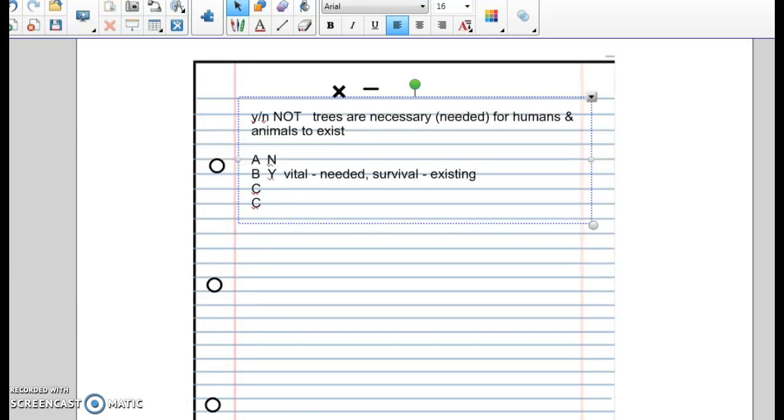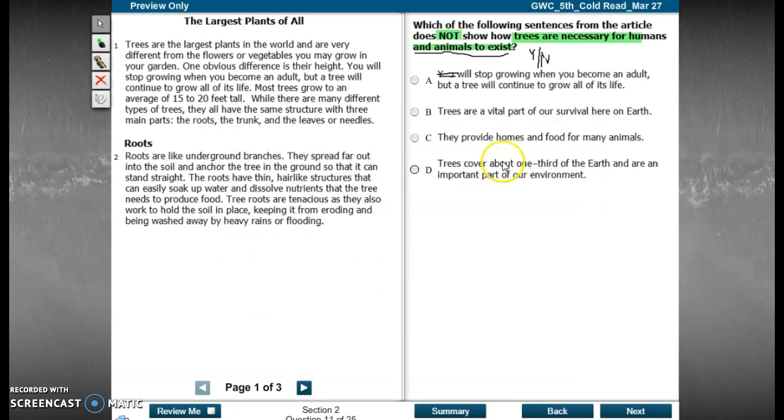Let's look at C. They provide homes and food for many animals. Well, what is they that they are talking about? They are the trees, provide homes and food for many animals. Does that prove that trees are necessary for humans and animals to exist? Yes, we need homes and food to exist.